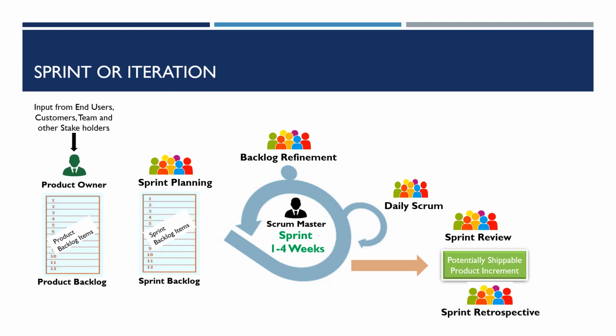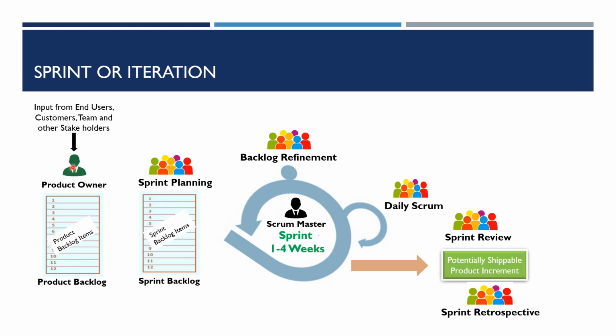This is the sprint cycle or iteration, whatever we call. This is what happens in a sprint end to end. This really encapsulates everything that is done in Scrum from end to end. So the product owner makes sure the requirements are documented in the product backlog. They are prioritized.